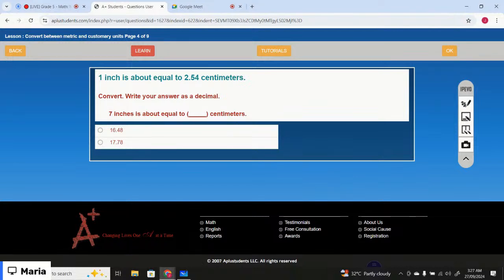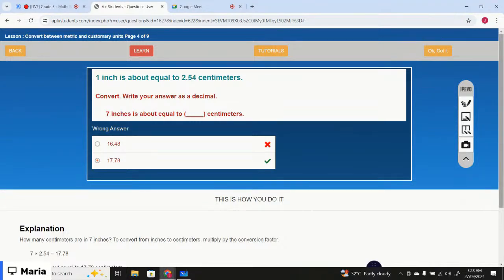1 inch is about equal to 2.54 centimeters. So 7 inches is equal to, you have to do 7 times 2.54. 17.78 it is, right?